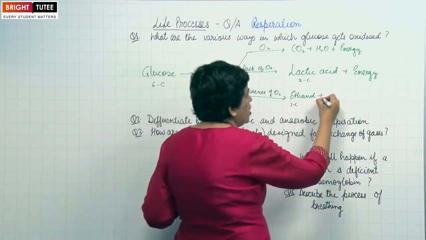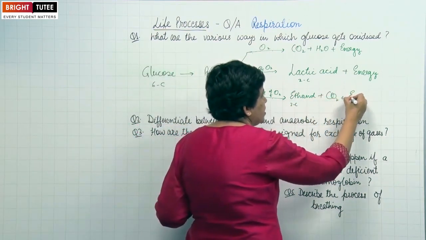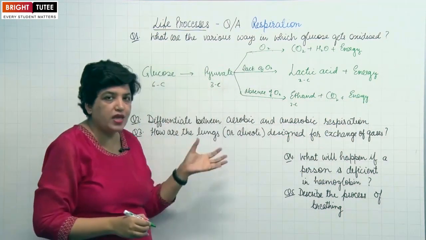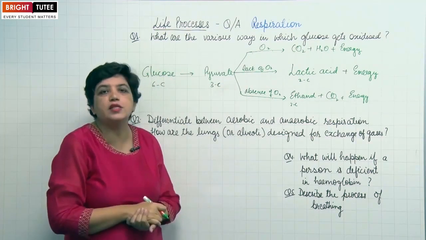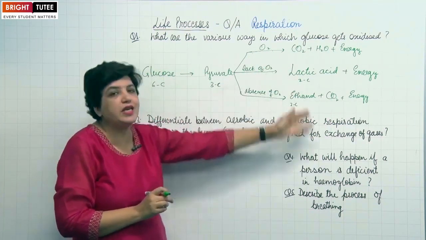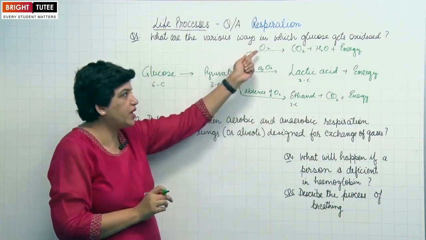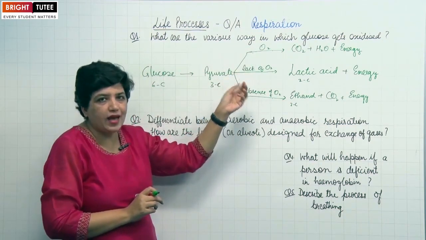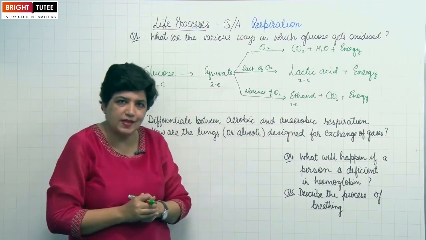So ethanol plus carbon dioxide plus energy. So these are the 3 various ways in which glucose gets oxidized or broken down to release energy. One is aerobic respiration, anaerobic respiration, and if there is lack of oxygen in human muscle cells.